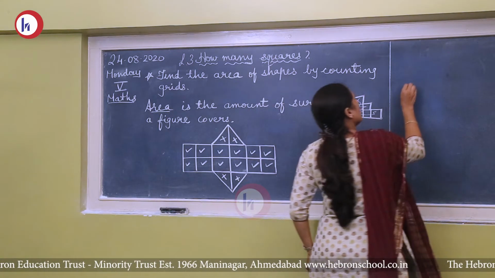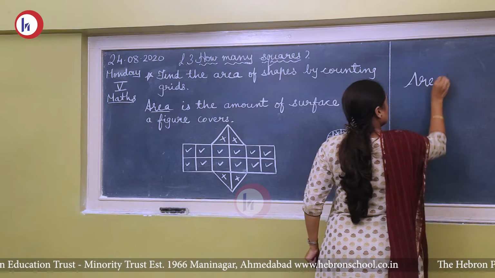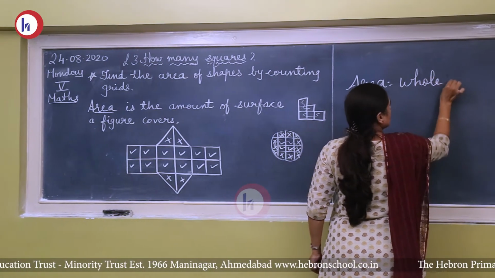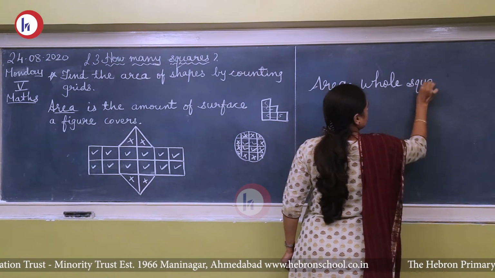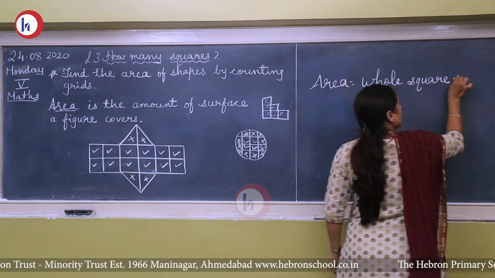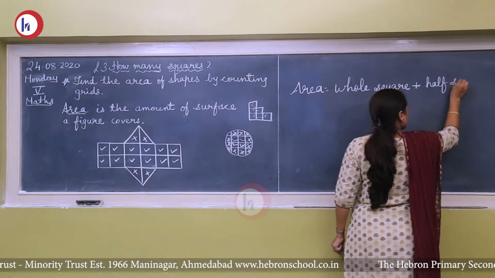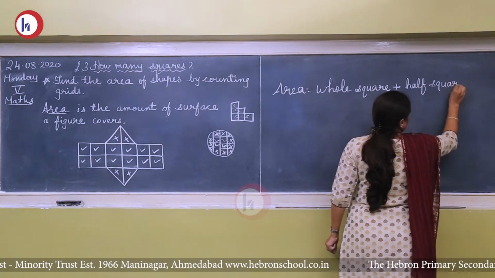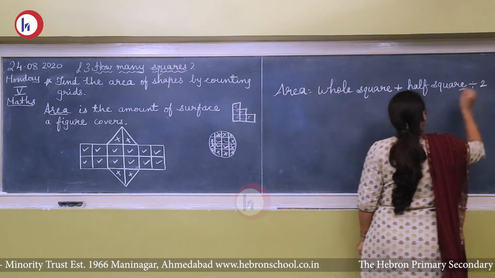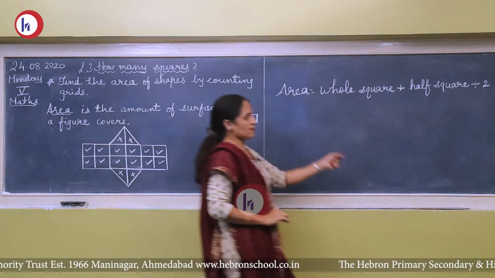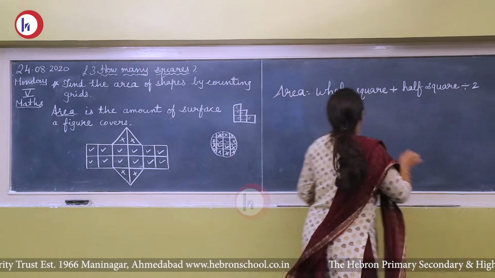Now, area means full square plus half square divided by 2. If it is more than half or less than half, no problem. But we will write here half square divided by 2.